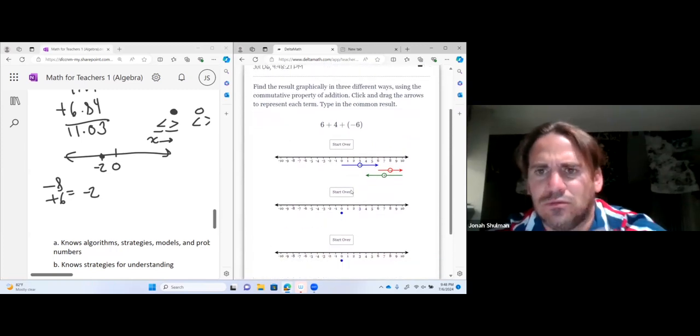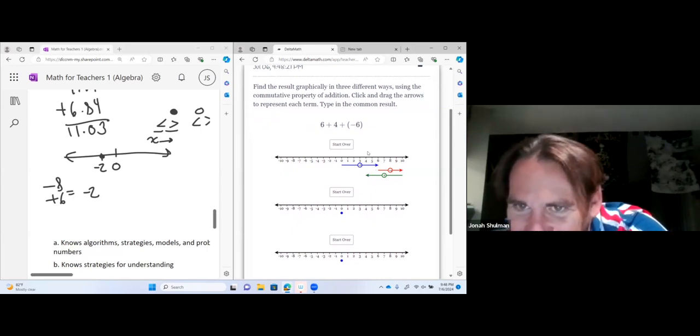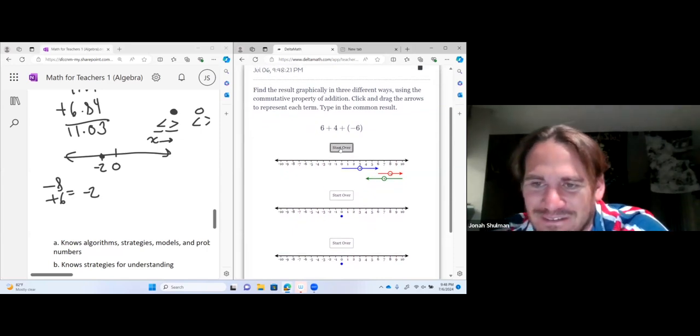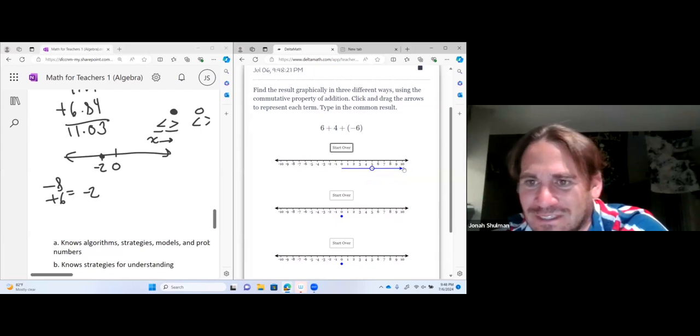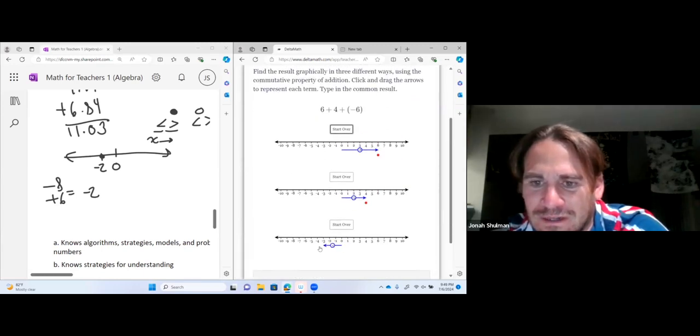What else am I supposed to do? There's the answer. Your answer is +4 because these two cancel. All right, I guess they want me to go 6 here. They want me to go 4 here. And they want me to go -6 here. I don't like this.